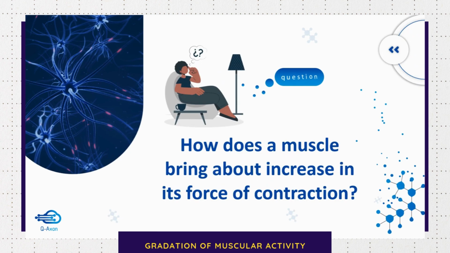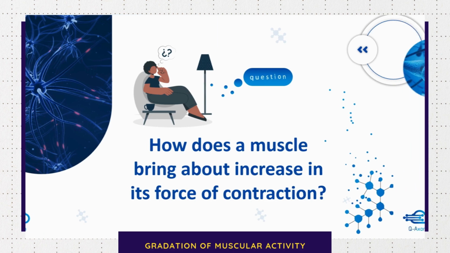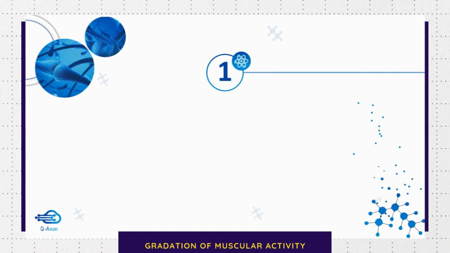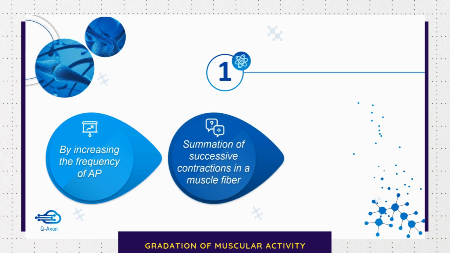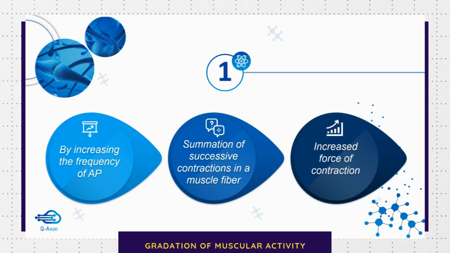So to recap, how does a muscle bring about increase in its force of contraction? So the first mechanism is through summation. When the frequency of action potentials arriving at the muscle fiber is increased, there is summation of contractions, and that results in increased force of contraction.